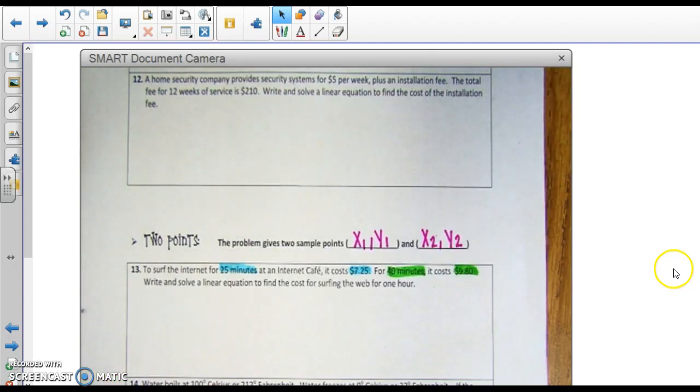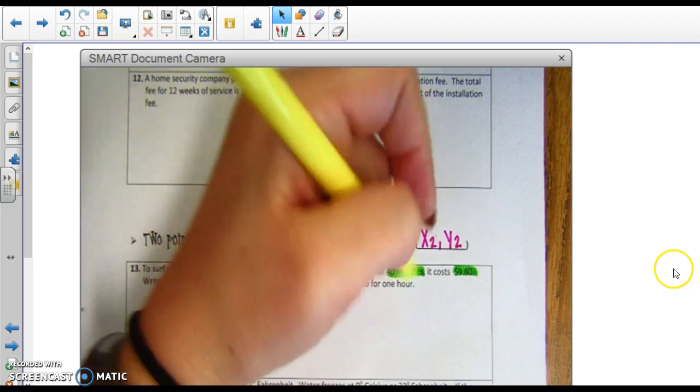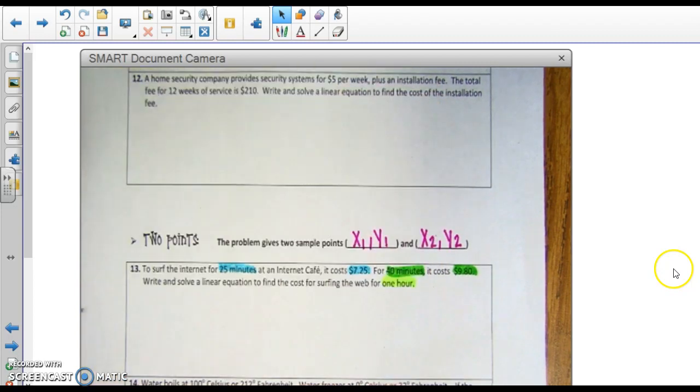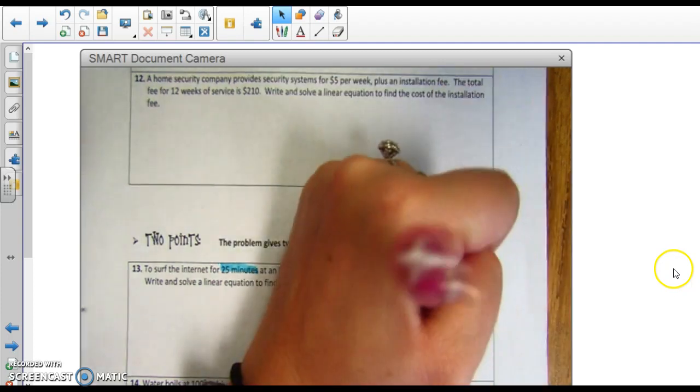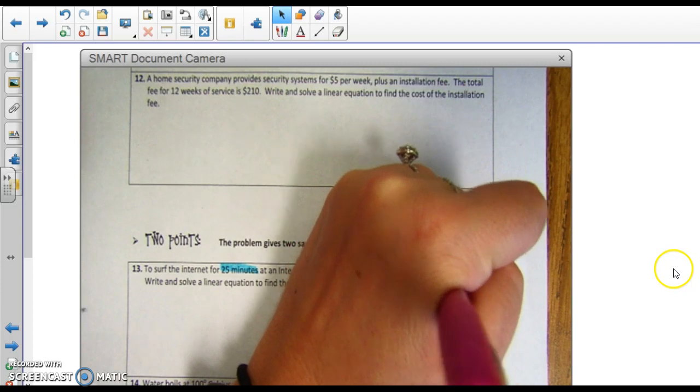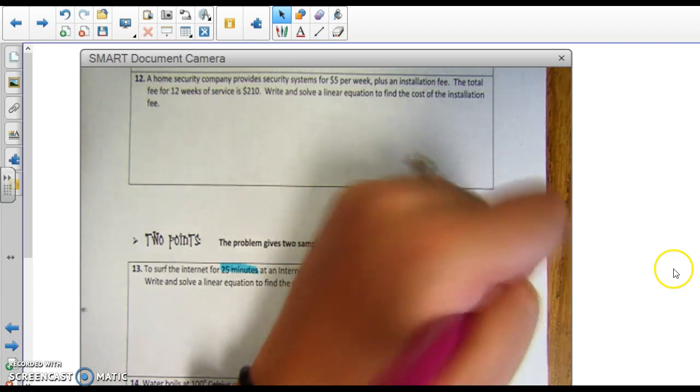So now we need to write and solve an equation to find the cost for surfing the web for 1 hour. Okay, so we know that 1 hour equals 60 minutes. So I'll go ahead and just write that. So we're going to need 60 minutes.